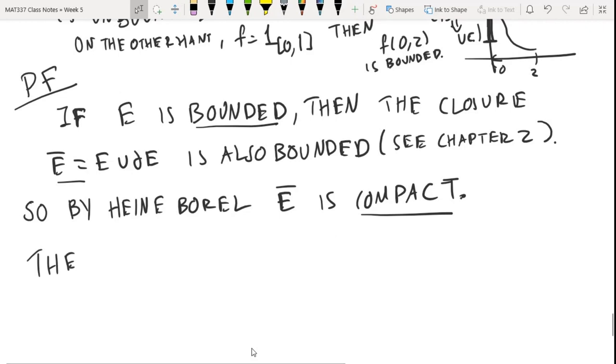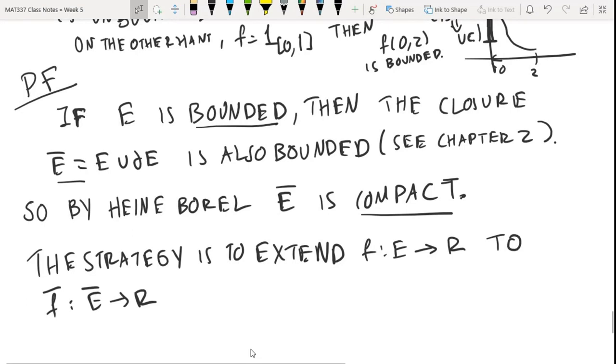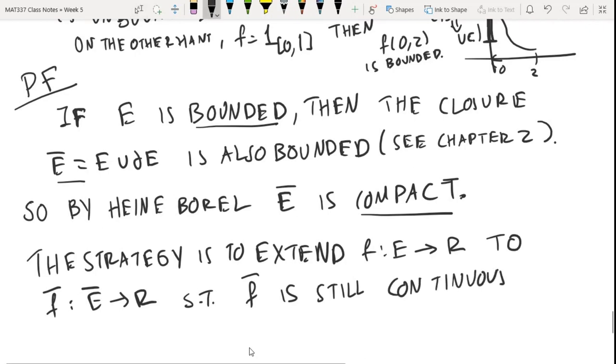So the strategy, it's a very nice proof, is to extend f to the following: f bar on the closure, such that f bar is still continuous, even though it might not be UC, but we don't need it.